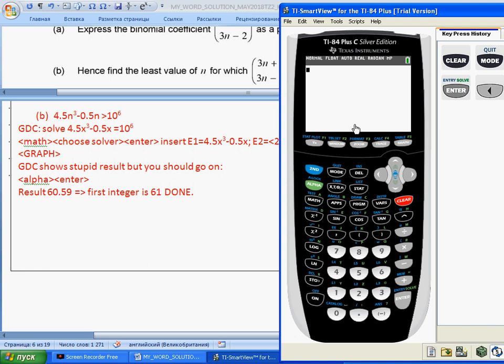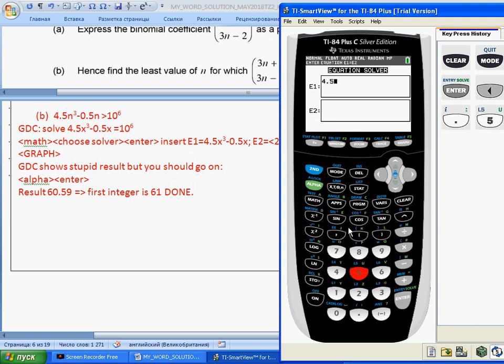So you go to math. You can scroll down, but I will scroll up because I know that the last one is solver. So I press enter. Solver shows 2 equations that should be equal to each other. So here I have 4.5x minus 0.5x.